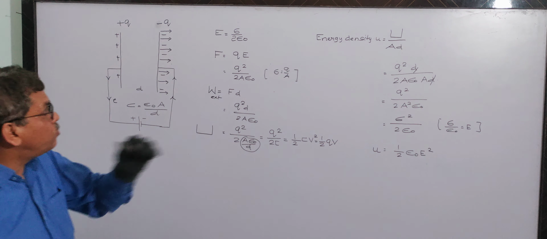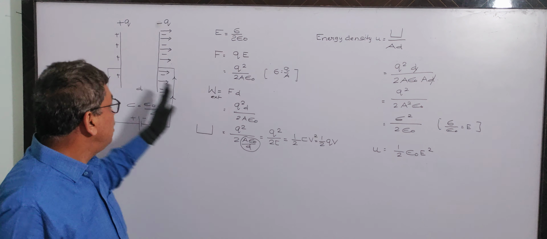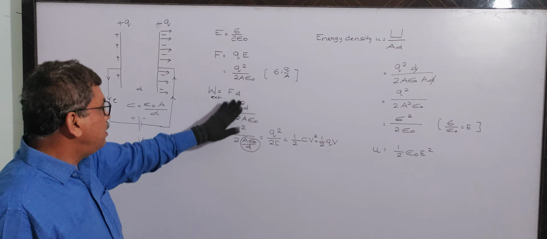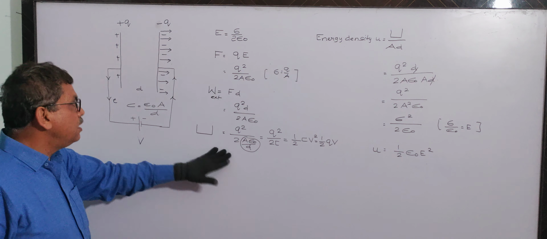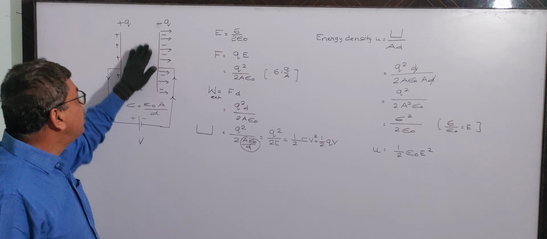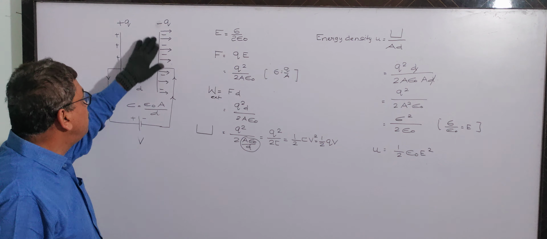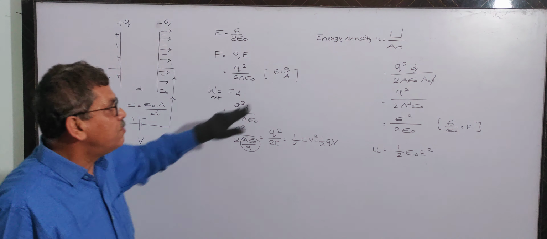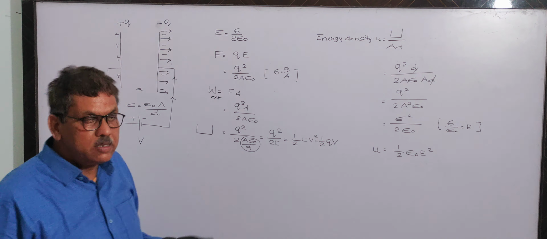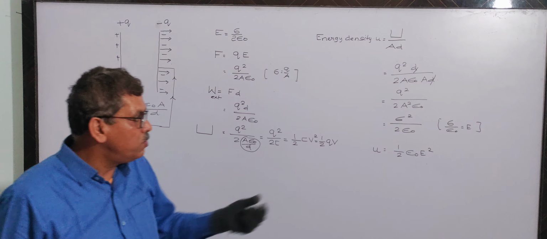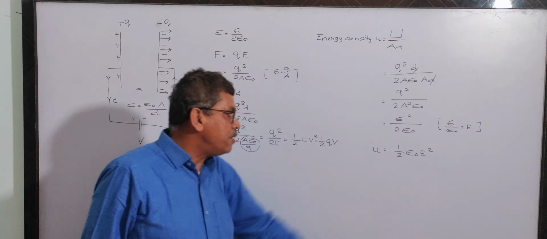Right, so this is the force of attraction, and this is the work done in separating the two plates by distance d. This is stored in the form of electrostatic potential energy, in the form of electric field between these two plates of the capacitor. If you divide it by the volume of the space, that gives you the energy stored in unit volume. And what is its value? Half epsilon naught E square.